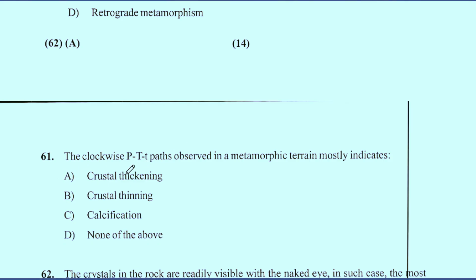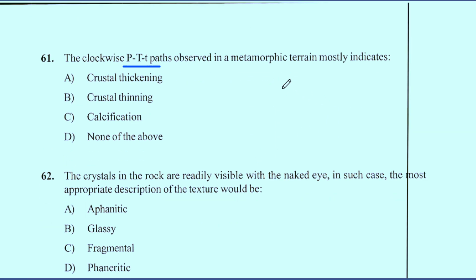Next question is: the clockwise P-T-t path observed in a metamorphic terrain mostly indicates crustal thickening. It is like this.